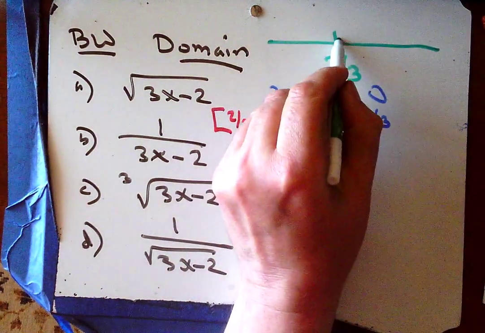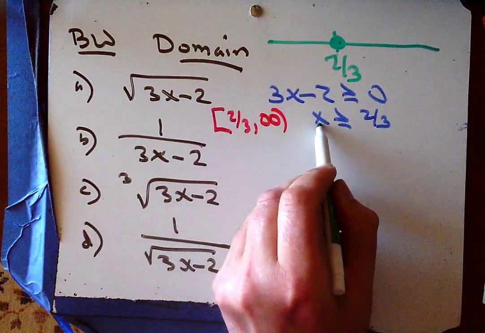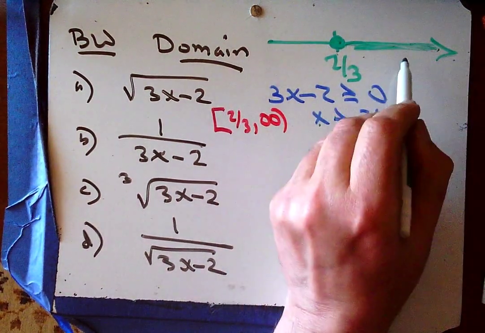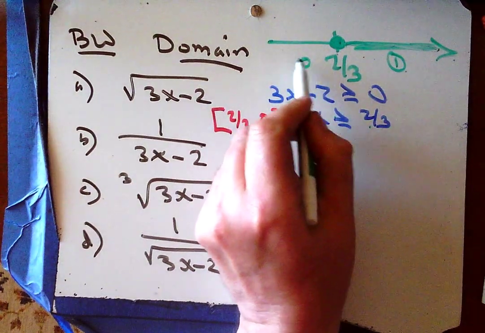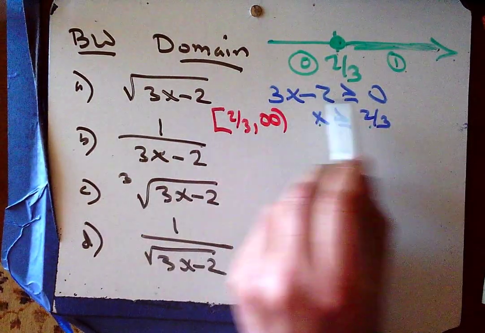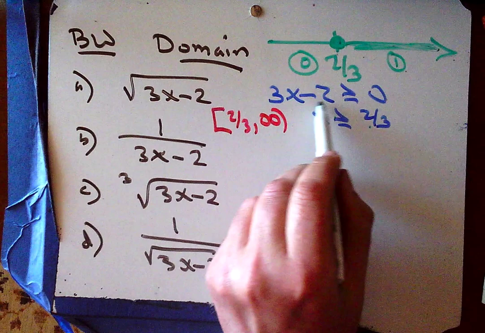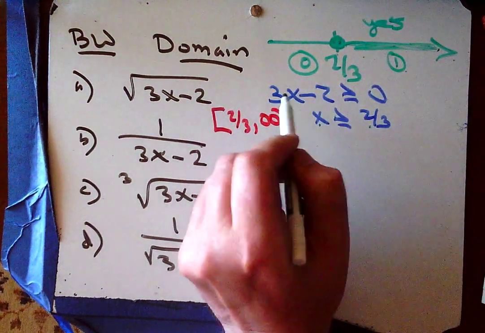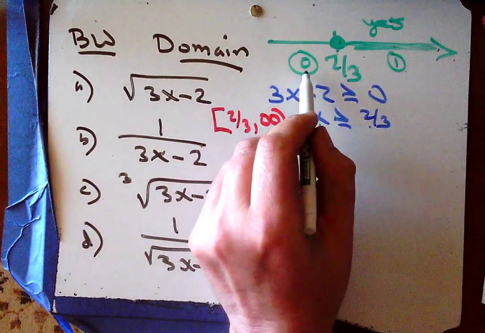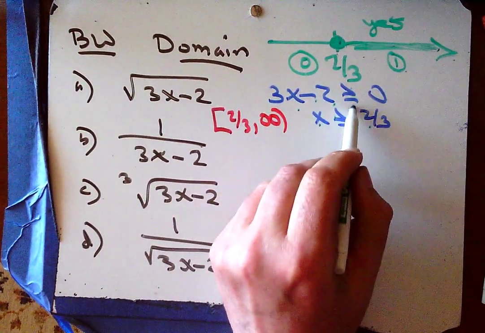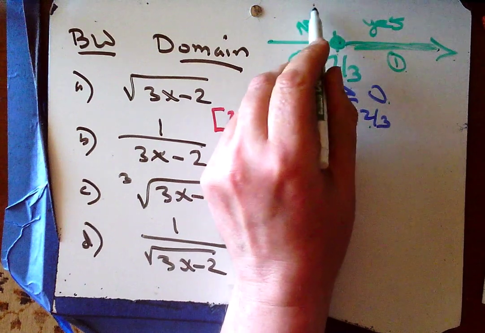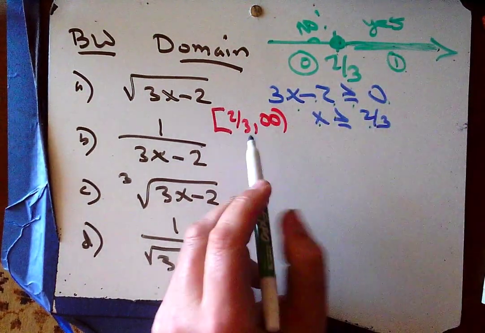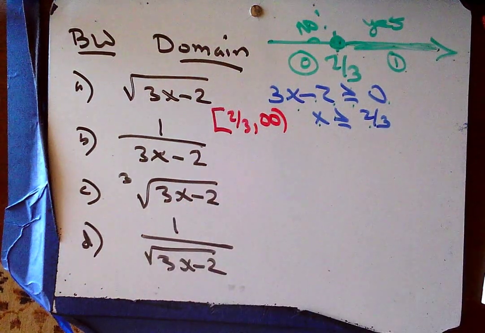X can equal 2/3, closed circle, x is bigger than 2/3. Or test a value like 1 and 0 in this inequality. If I plug in a 1, I get 3 minus 2 is 1. Is 1 bigger than 0? Yes, it is. If I plug in a 0, though, I have negative 2 greater than or equal to 0. No, that's not true. So here's my solution, my domain, from 2/3 to infinity.